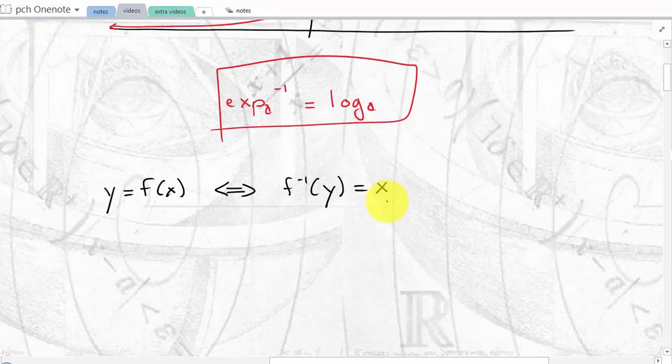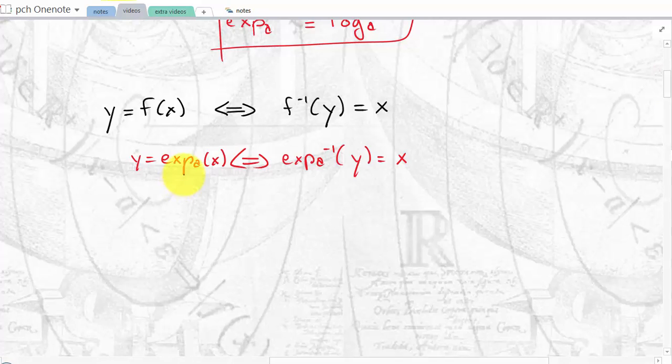Let's take this one and let's write what it means for an exponential. Y equals f of x, so that's y equals exp base a of x, if and only if exp base a inverse of y is equal to x. All right, now, what is exp base a of x? Well, this is just a to the x, right? So y equals a to the x. And what is exp base a inverse? By definition, it is logarithm.